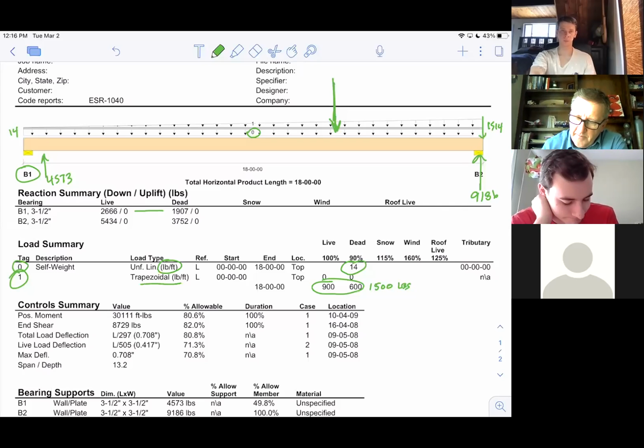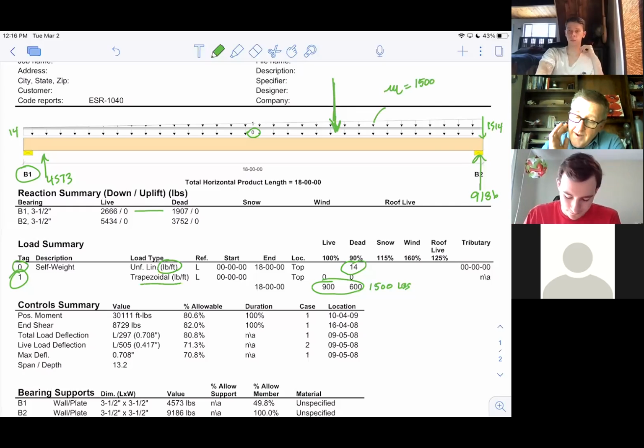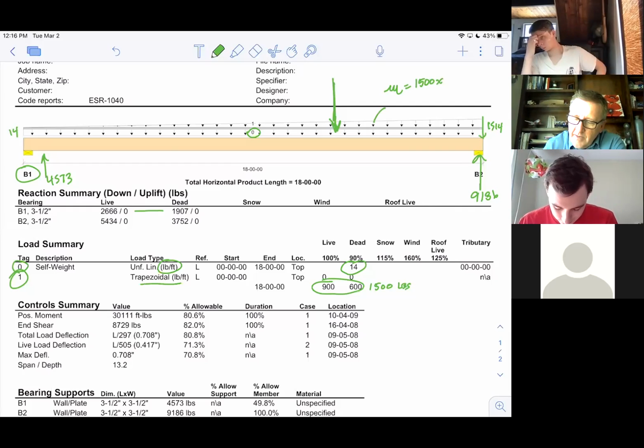So just for the fun of it, our W equation here would be 1500x, because that's the rise of that slanted line up there. Since it started at 14 and then went to 1514, it's rising 1500, but it's doing that over a distance of 18 feet.